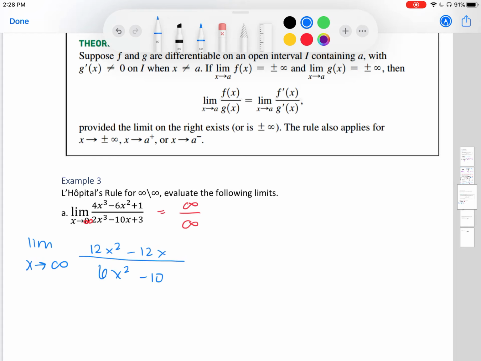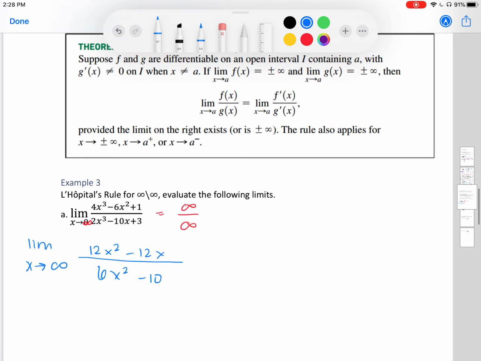Well, let's apply L'Hopital's again. So that we have the limit as x approaching infinity, and if I take the derivative, I have 24x minus 12 over 12x minus 10.